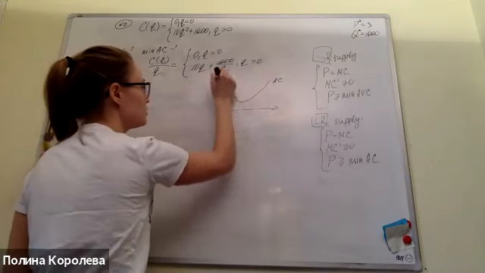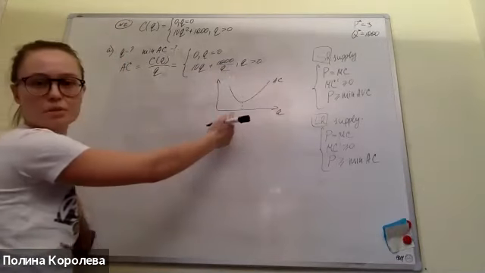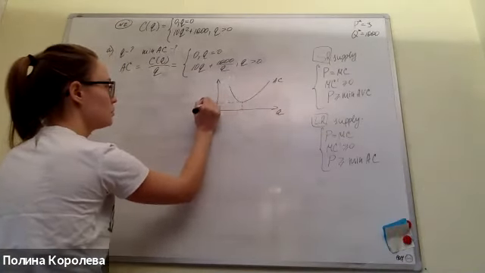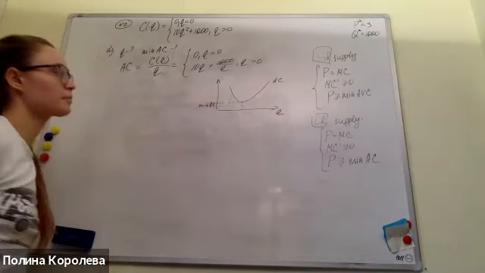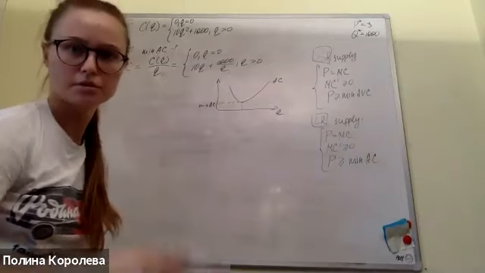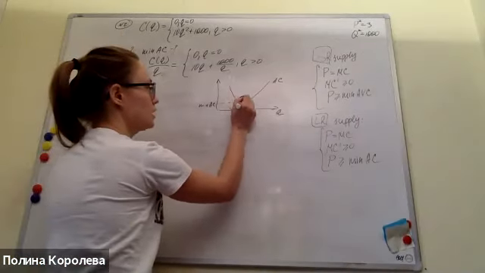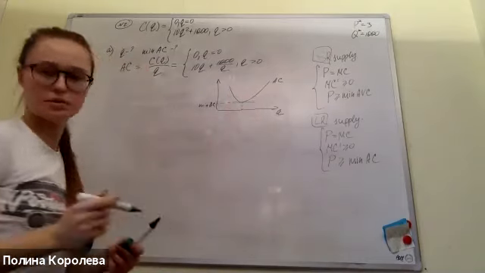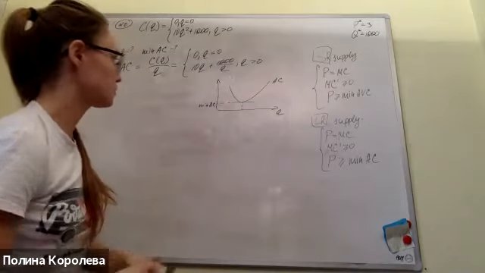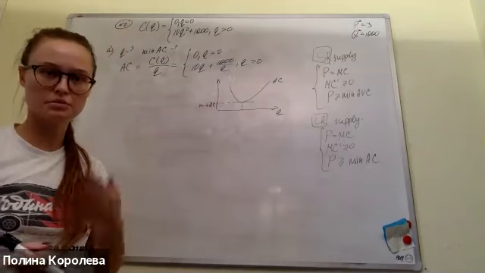So we should find for which quantity it will be minimum. How to find this quantity? From calculus, as in the previous task. The tangent line should have 0 slope, should be horizontal. That means that the first derivative should be equal to 0.